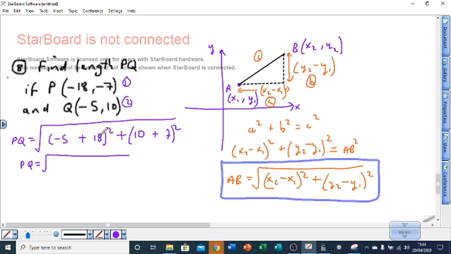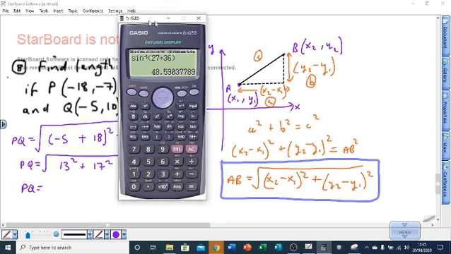So I end up with minus 5 plus 18 gives you 13, and you've got to square it. And 10 plus 7 is 17, and you've got to square it. And there's the answer. So PQ is simply equal to that there.